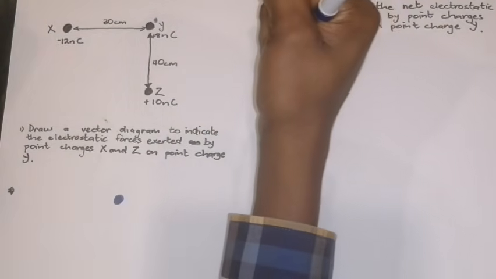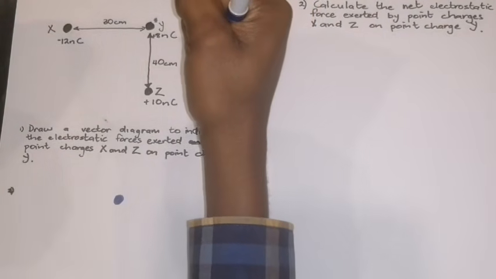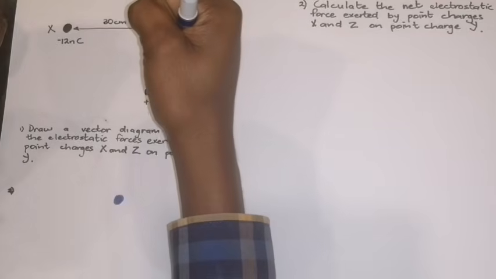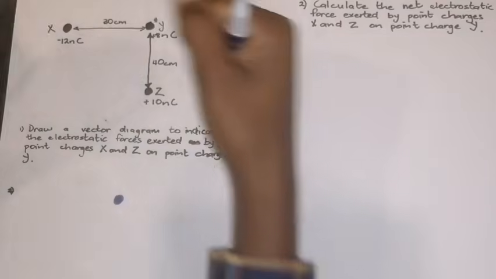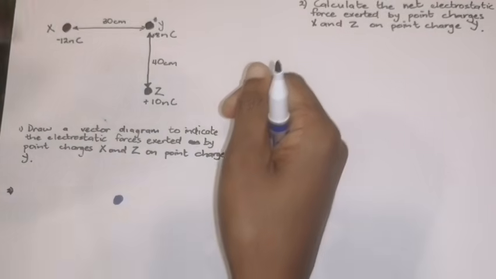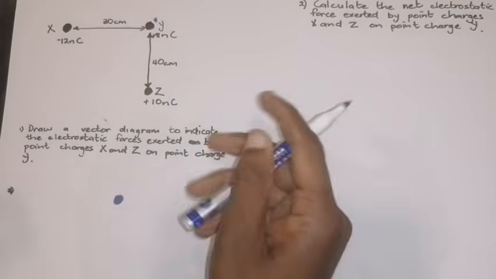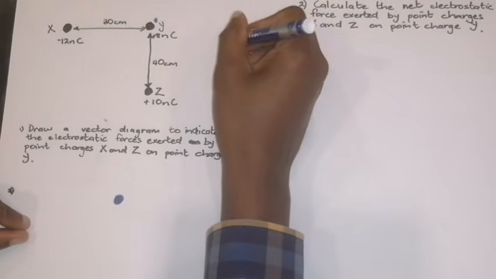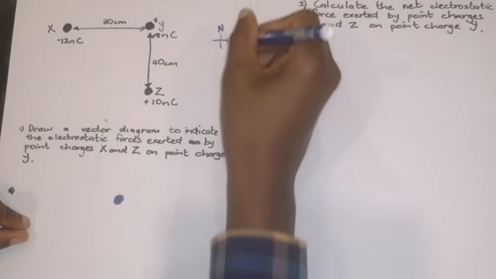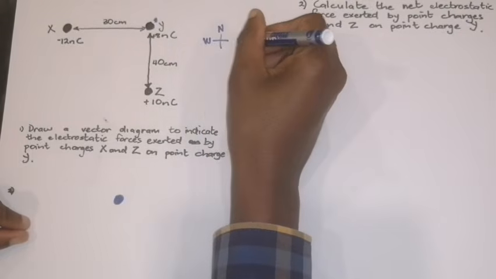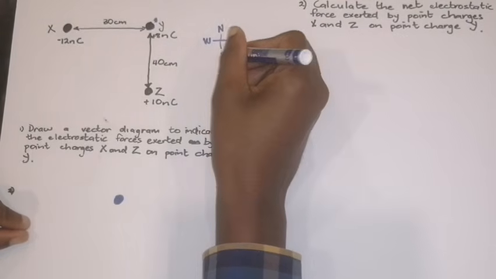What is the direction of the force that Y feels because of X? Definitely it is a force to the left, or if we use compass points, that's north, that's west, that's east, and that's south.